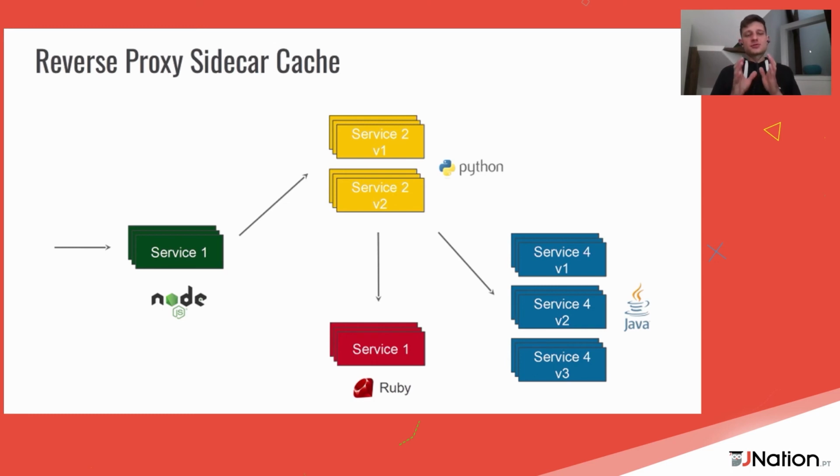So the thing about reverse proxy caching is that you can look at this system from an overview on such a diagram, and you can say, I would like these two services to be cached, and you don't even go to the core of the services. You don't even change a thing.